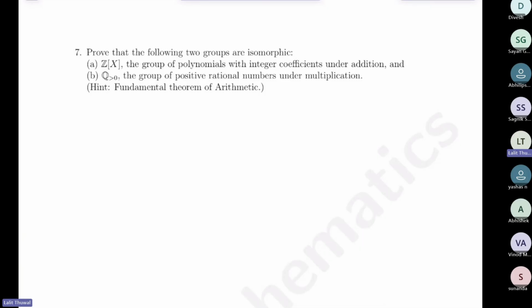And raise your hand if you are able to figure it out. Try to use the hint. And you have to prove that they are isomorphic. So you have to define an isomorphism and see how we can use the fundamental theorem of arithmetic, okay? Let me give you 1 minute to think about it, okay?